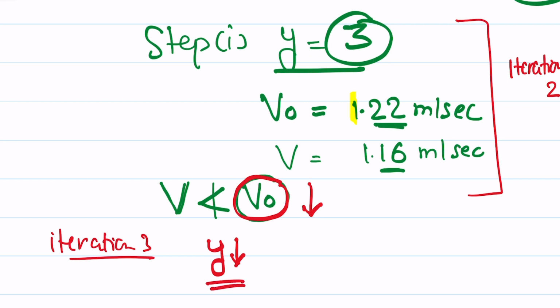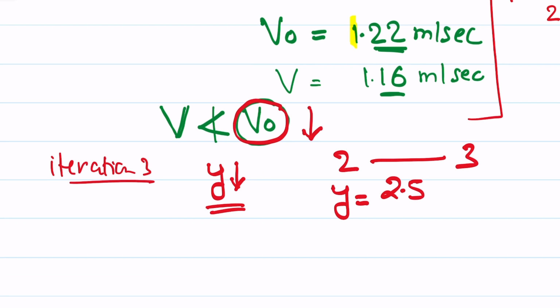We know it is between 2 and 3, so we can take 2.5. If you take y equals 2.5, you will again get a new value.